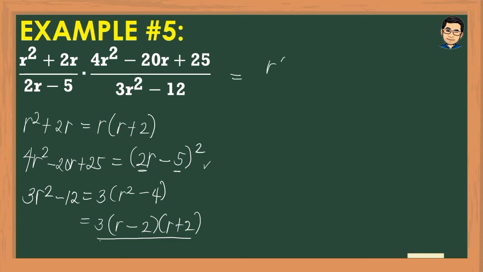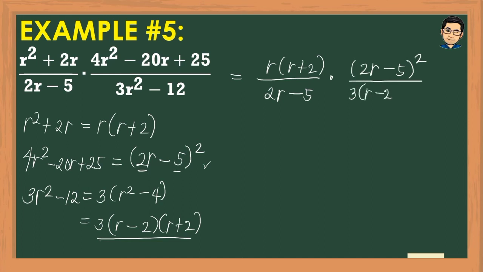So, r times r plus 2 all over 2r minus 5 times quantity of 2r minus 5 squared all over 3 times r minus 2 times r plus 2.